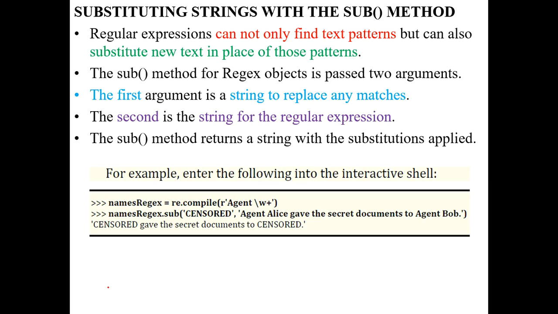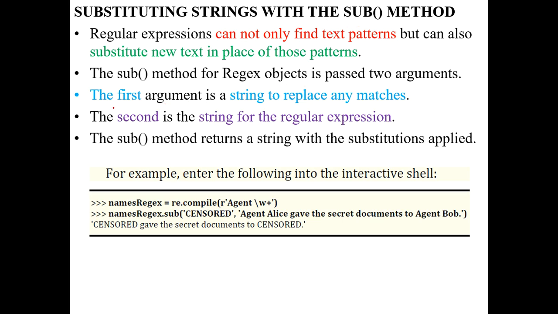Moving to the next concept, substituting strings with the sub method. A regular expression cannot only find text patterns but can also substitute new text in place of those patterns. The sub method of a regular expression object is passed two arguments.